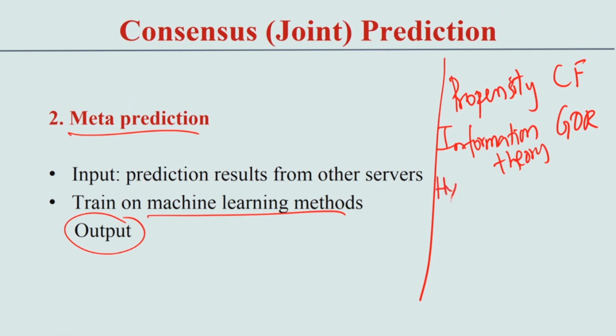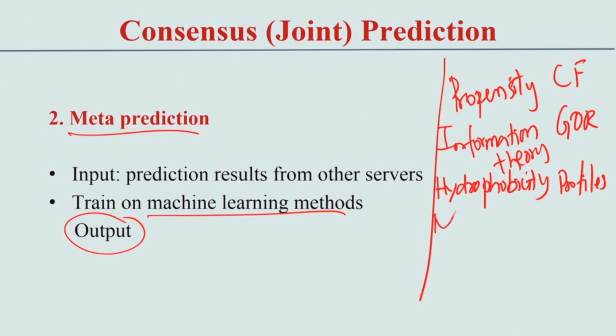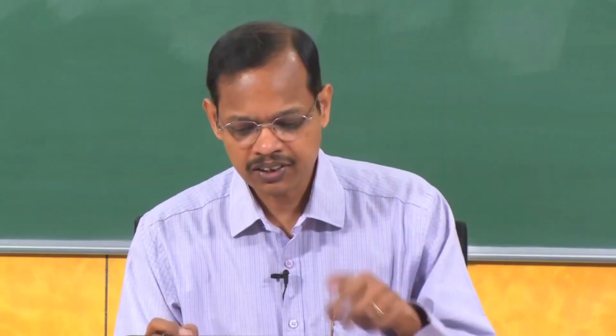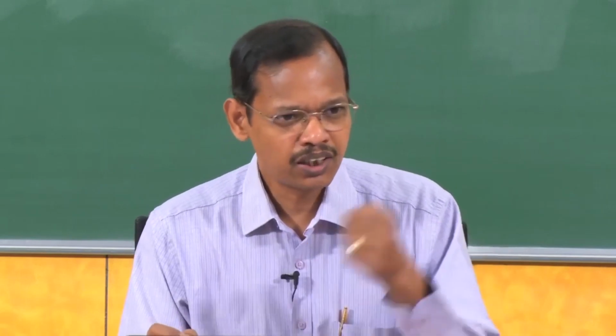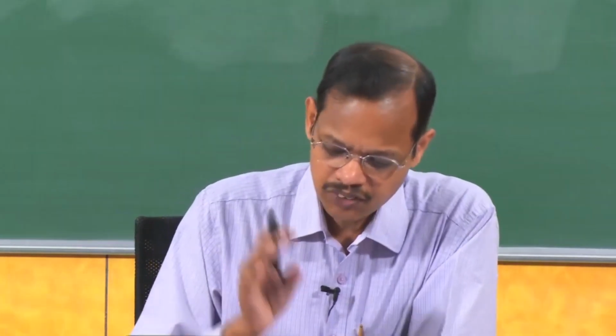Then we discussed the hydrophobicity profiles, where we can predict with single values as well as with average windows. And then we discussed multiple sequence alignment, MSA. Here also you have two ways to use the multiple sequence alignment: either take the parameters from the GOR, or you can get the information from the experimental data. So, you can predict the secondary structures.